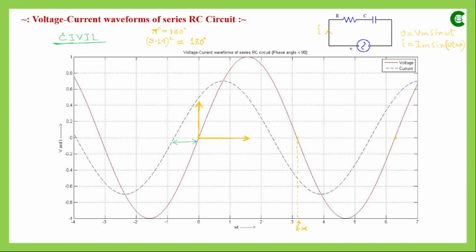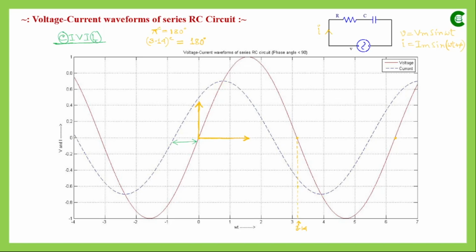So here C represents capacitor, and L represents inductor, I represents current, V represents voltage. So in case of a capacitor, we can think this way. In case of a capacitor, I since it has been written first or before V, so I leads and V lags.